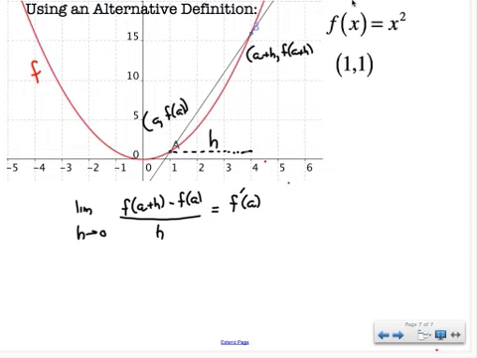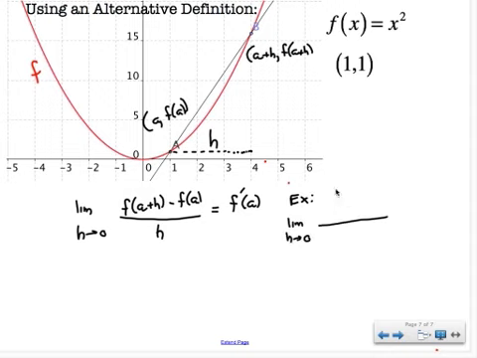And let's do a quick calculation with this curve being f(x) equals x squared at the point (1, 1). So, example, using this definition, f(a plus h), what is that going to look like?